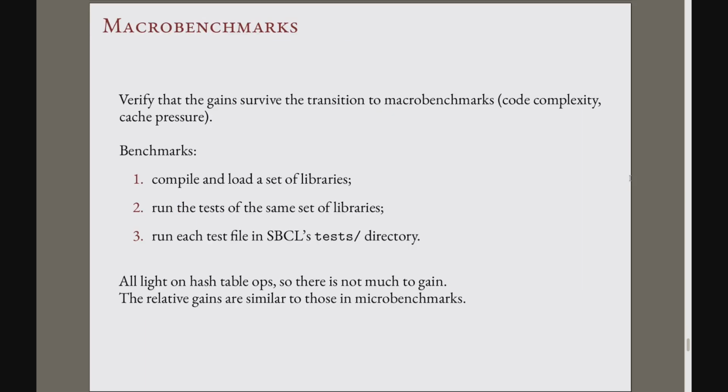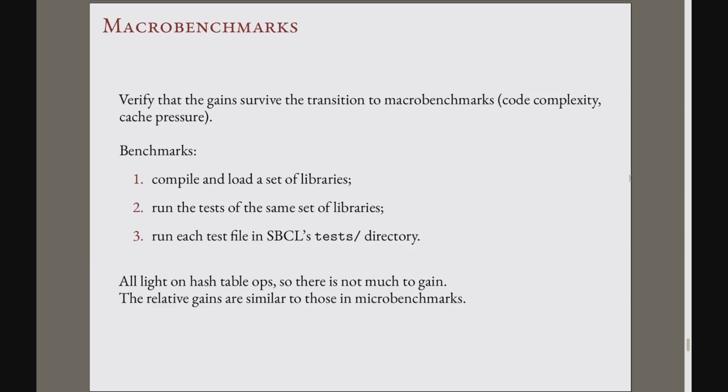Microbenchmarks aside, does this effect actually translate to real life performance? It's not a given, right? Because code is more complex, bigger. Instruction cache pressure is a thing, so anything can happen, and did happen for a long while until I managed to optimize it over the course of 6 months.